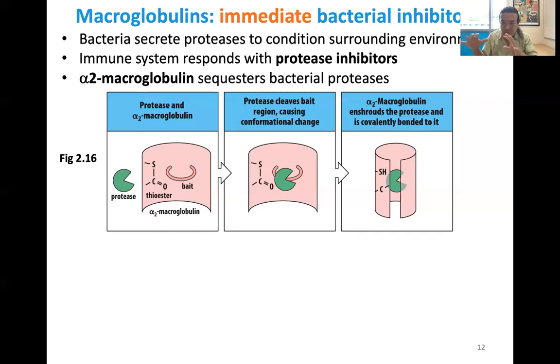If that bait region is broken, then the peptide chain collapses. And in this case, it collapses around the green Pac-Man protease. And in doing so, it allows the thioester bond to attach. And now this green Pac-Man is sequestered, right? It is now captured and neutralized, and it can no longer harm other proteins in your tissues.